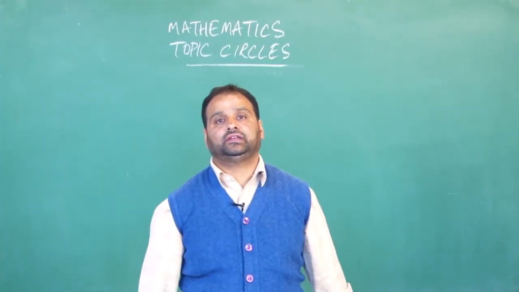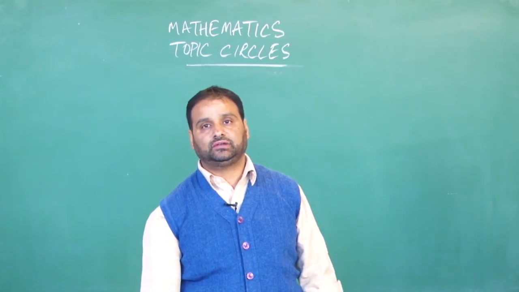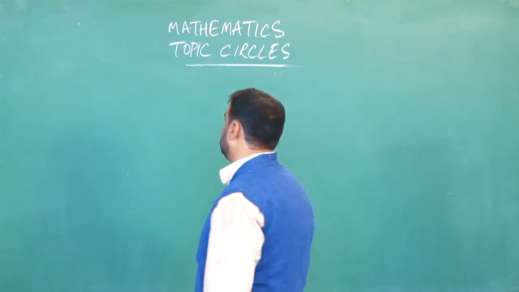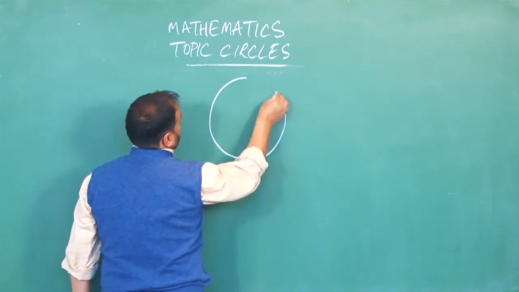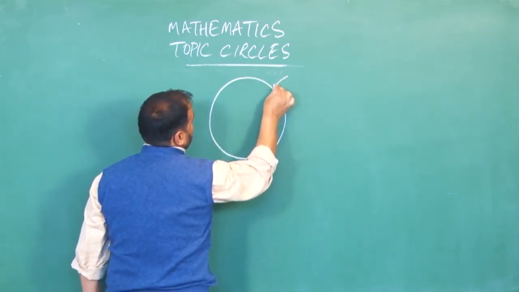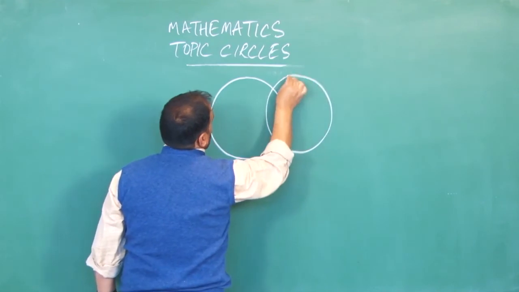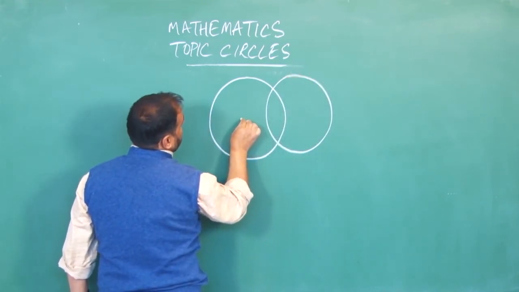Let us take another example related to circles. We are given that there are two circles which intersect at 2 points. This is circle 1, this is circle 2.